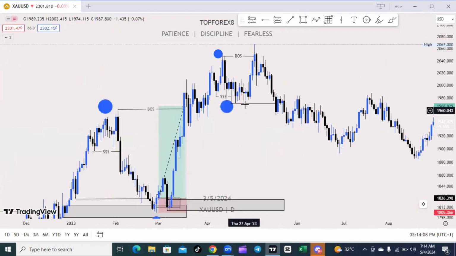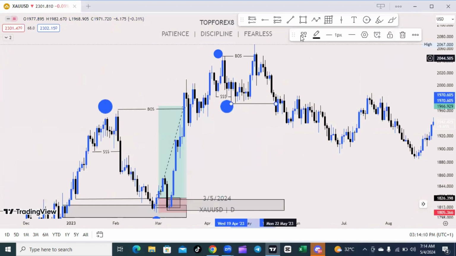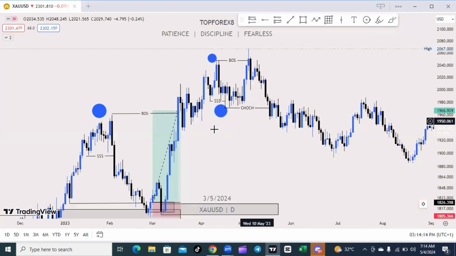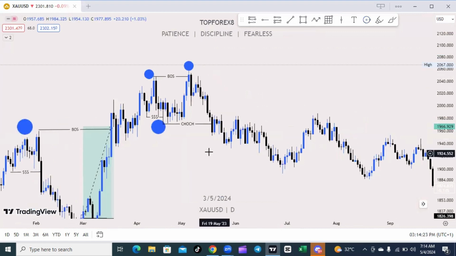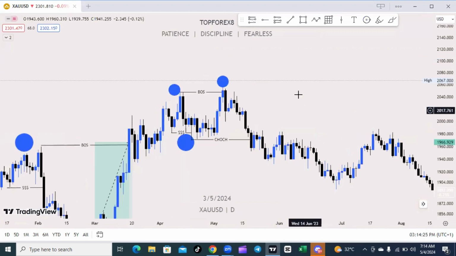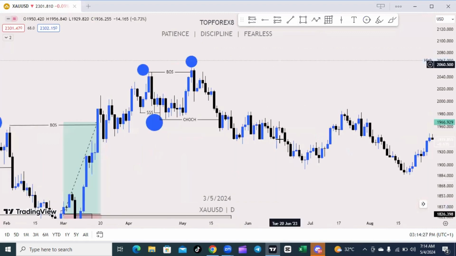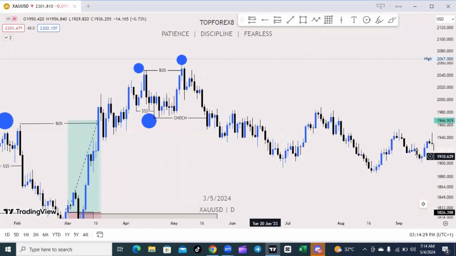So if market takes this, it means it's going to change our perspective from buying to selling. Now, change of character means this is a lower high now. That's a lower high. So fine. Let us now wait until market takes the last pullback.